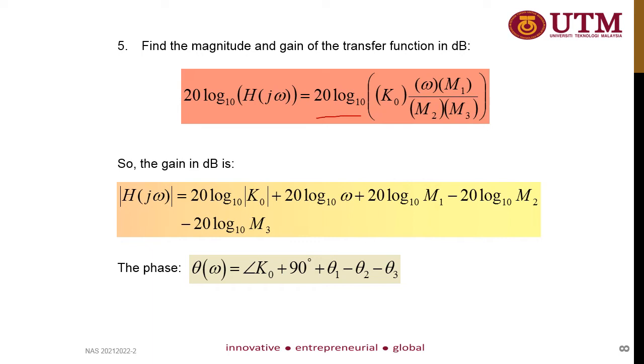Either you can multiply all the magnitudes first and then take 20 log 10, or you can convert each individual magnitude into dB and total them up. The same goes for the phase of the transfer function.